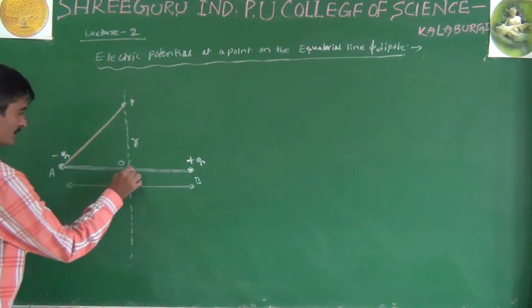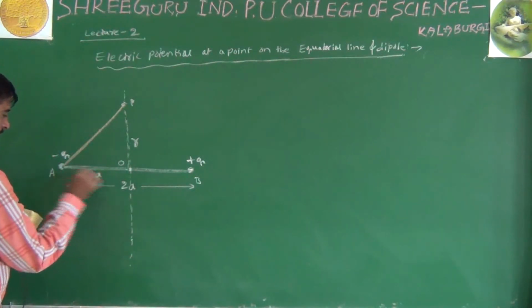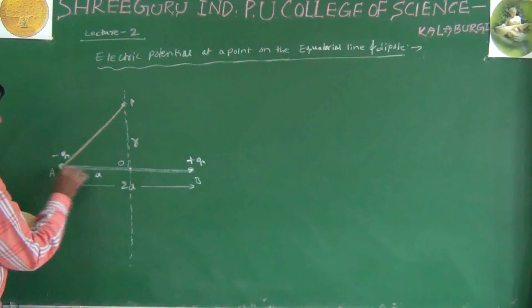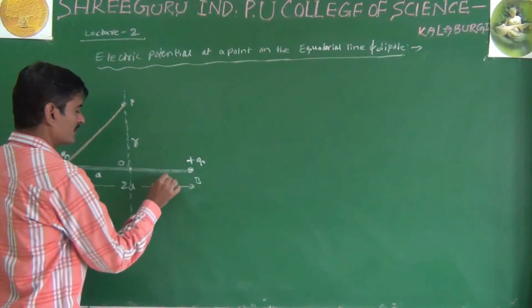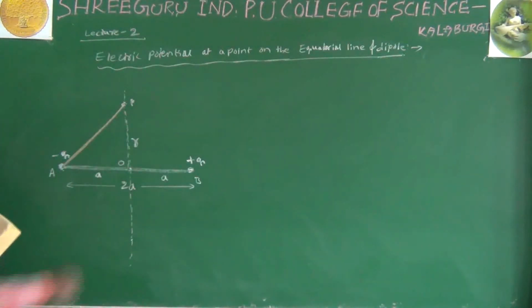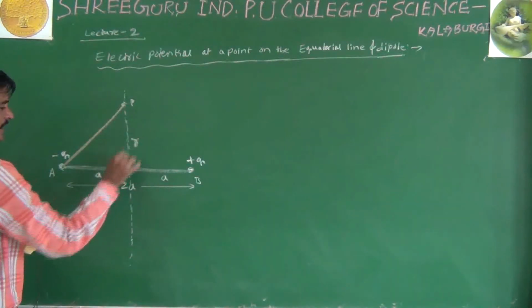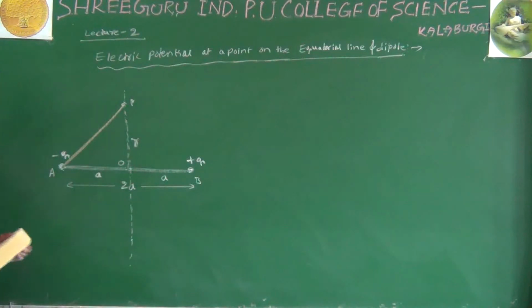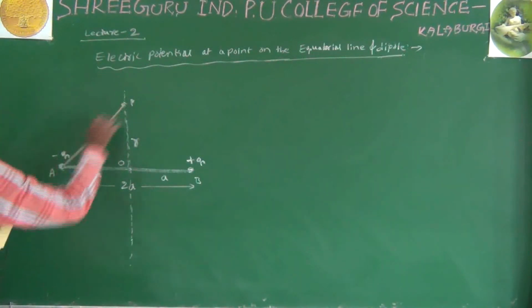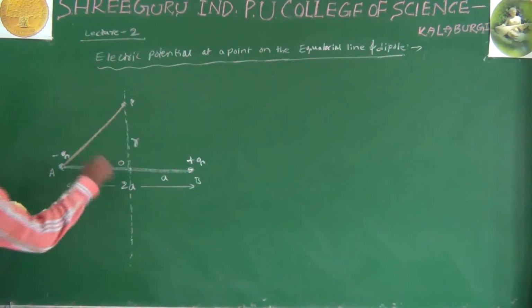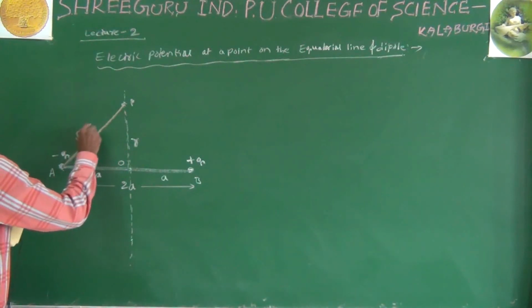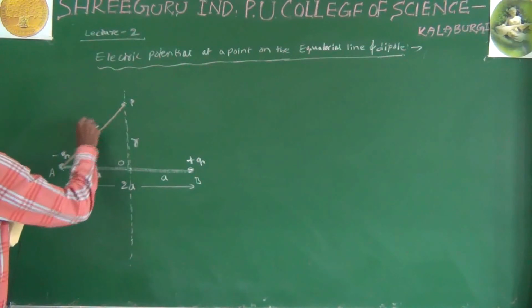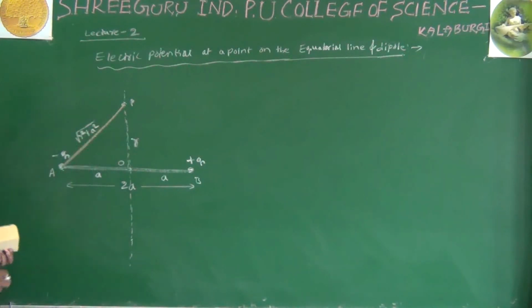From A to B, this is the center of the dipole, so from here to here it will be a, and from here to here it is r, and this is a perpendicular line, that is 90 degrees. So what will be this distance? Very simple. This distance will be under root of r square plus a square. So this will be the distance between minus q and P.